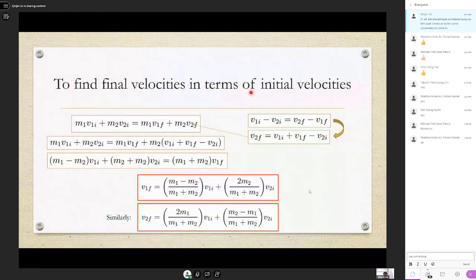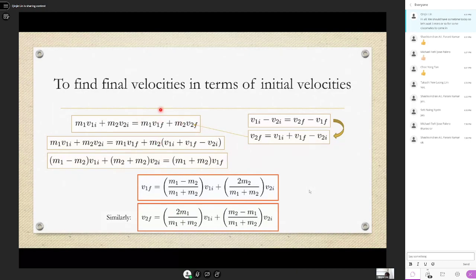To find final velocities in terms of initial velocities, we are still at the same thing, elastic collisions. So we perform all the mathematical operations. This is the expression from just now, right at the end. We make V2F the subject, then we substitute this momentum equation.